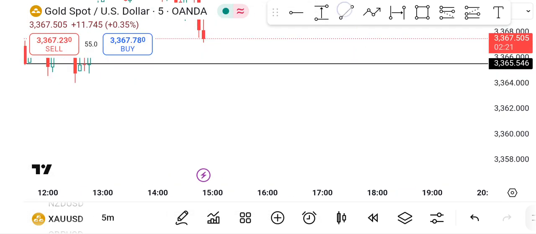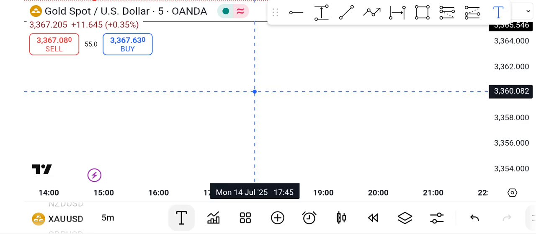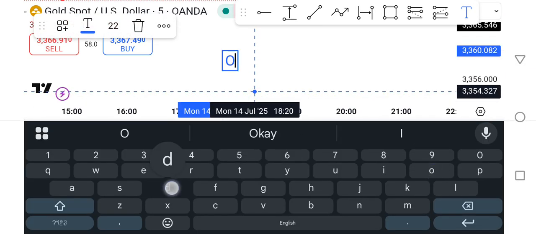So guys, before I continue, after identifying your CRT pattern correctly, you scale down to the lower time frames for entries now. So there are different types of entry models. The first entry model is the order block.